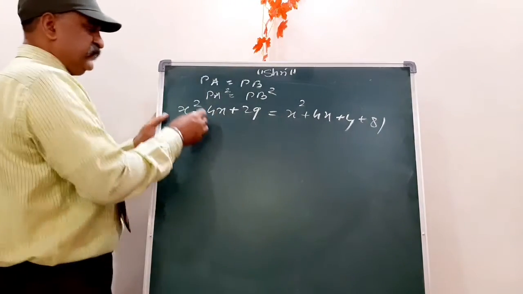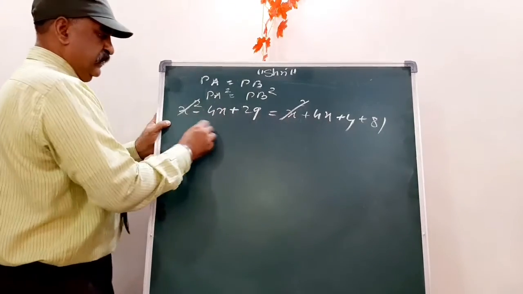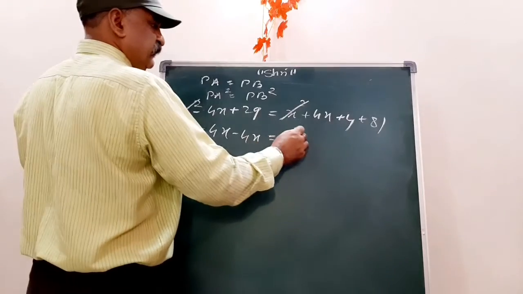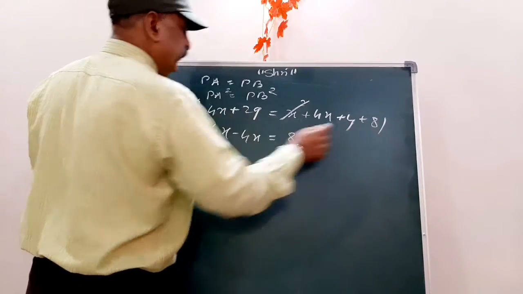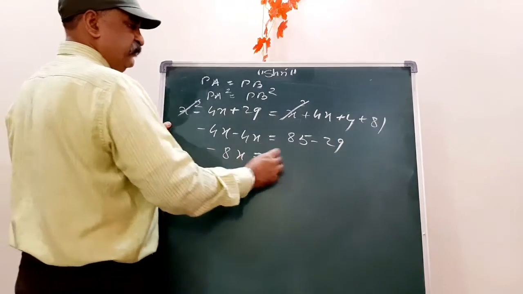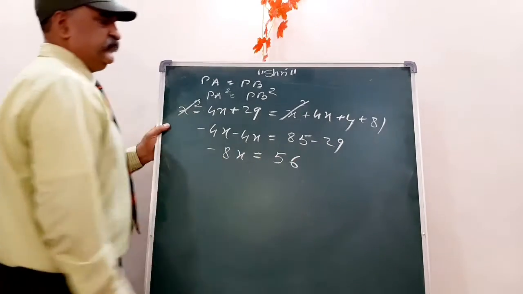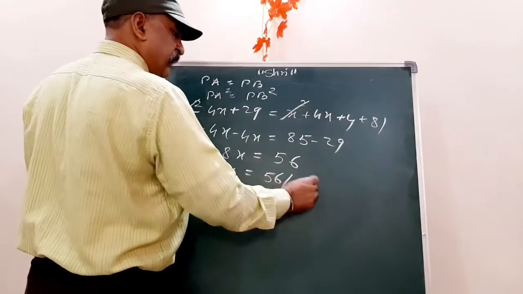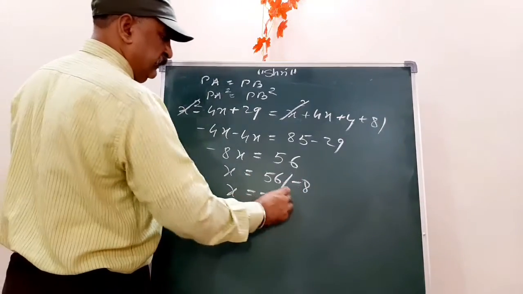Transfer x square on this side, then it will cancel. Minus 4x, transfer 4x here, minus 4x is equal to 85, that is 4 plus 81, 85 minus 29. So minus 8x equal to 56. So x is equal to 56 upon minus 8. So x is equal to minus 7.